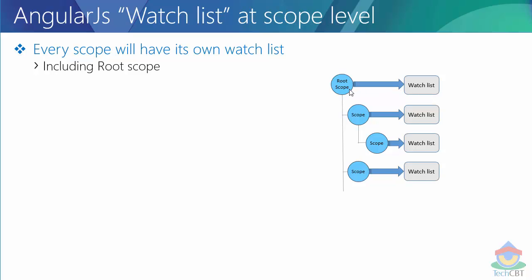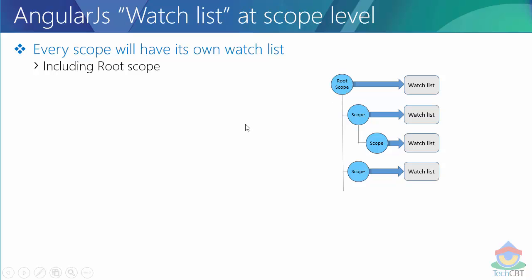So even in your root scope, you might not have a watchlist, because sometimes you may not have any root scope based data bindings in your application. But if there are, you are going to have a watchlist at the root scope level as well.